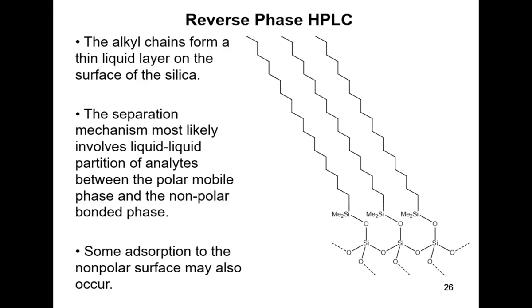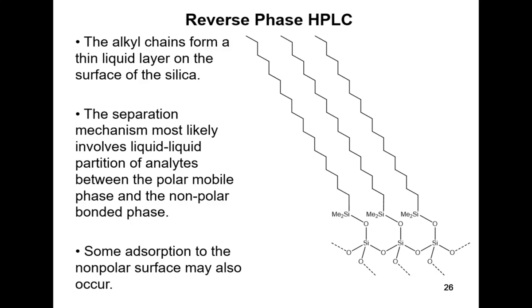You can imagine that it can be dissolved in the mobile phase, but it can also go across that interface and be dissolved in that hydrocarbon layer as well. So mainly partition processes are what we're using to model the behavior of sample molecules as they pass across this stationary phase.